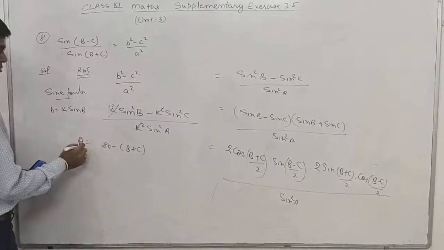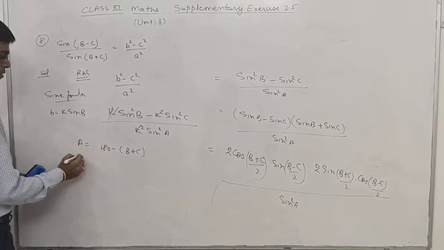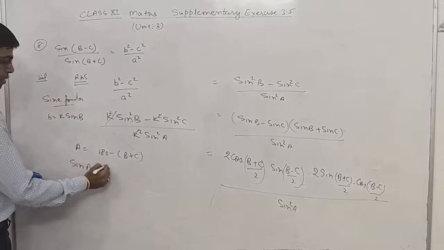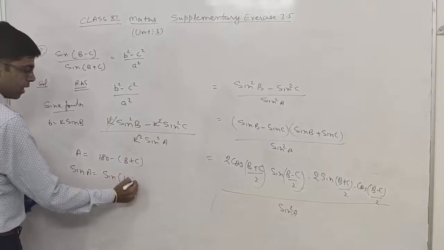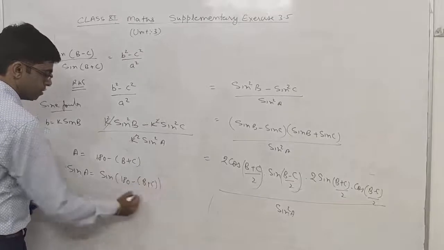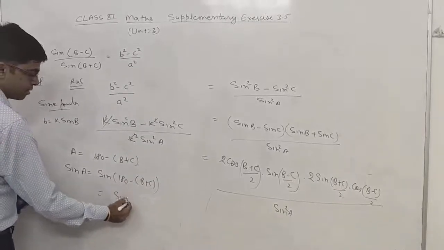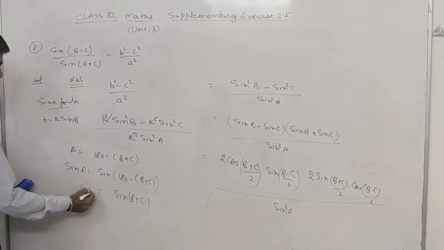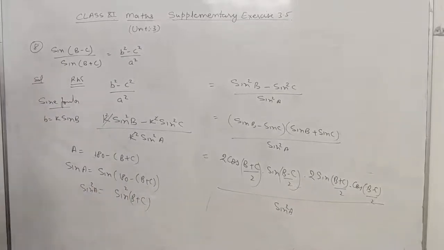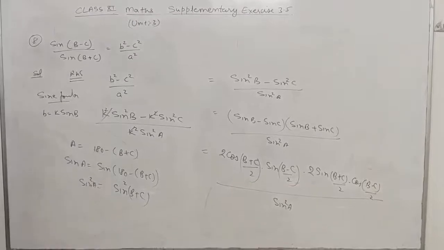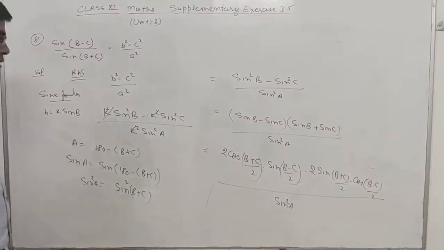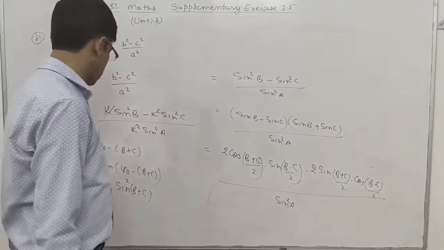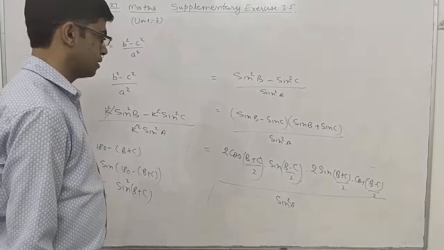So sine of a will be sine 180 minus b plus c. Sine 180 minus theta is sine, so it is sine b plus c. So sine square a will be sine square b plus c.